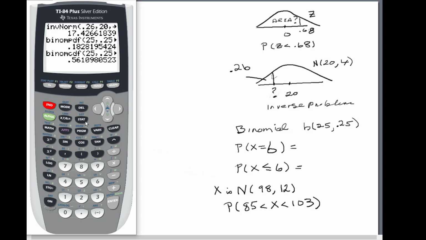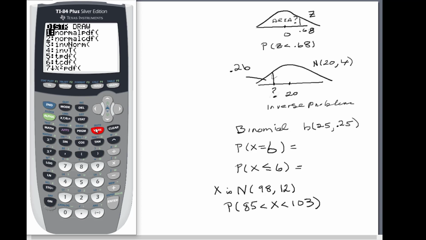We're dealing with the probability distribution, so we'll select distribution again. And it would be normal CDF because I want an area. So we'll get to normal CDF and say enter. Now the lower is negative infinity here by default, but it doesn't have to be. We can make the lower, you see the lower we really want in this problem is 85.